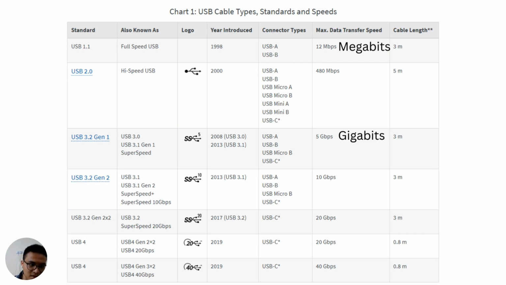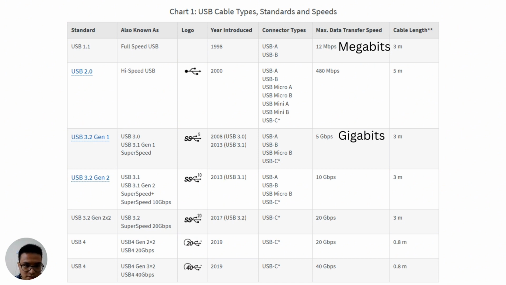And the third one is USB 3.2 Gen 1, also known as USB 3.0 or USB 3.1 Gen 1, SuperSpeed.